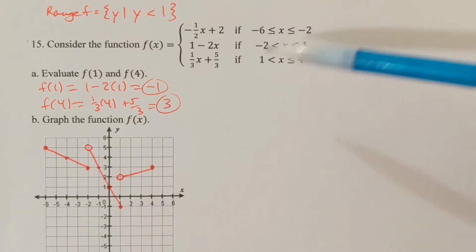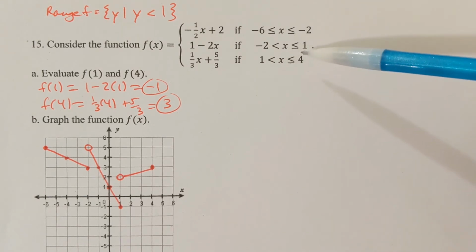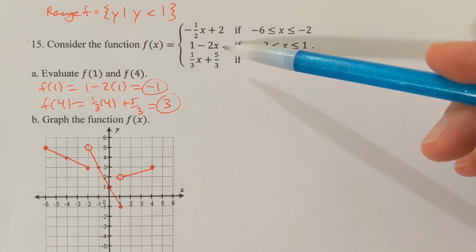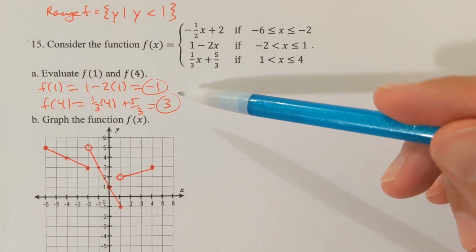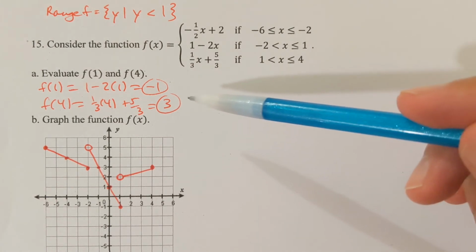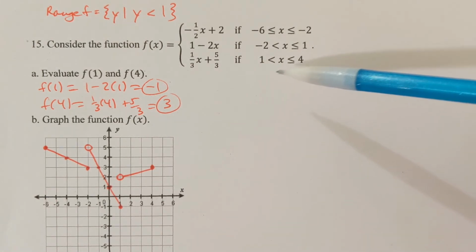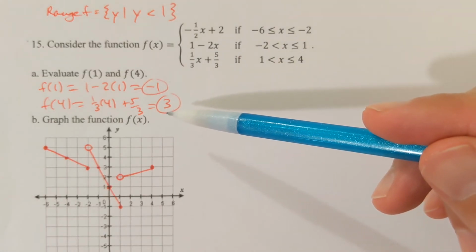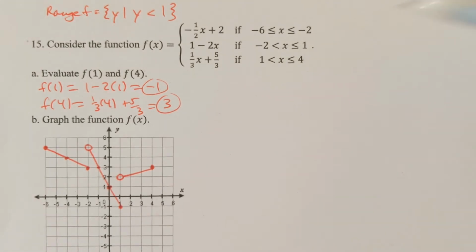Okay, f of 1, well here I am including 1 on piece 2. Negative 2 plus 1 is negative 1. And f of 4, okay, 4/3 plus 5/3 gives me 9/3, or 3 is the answer.